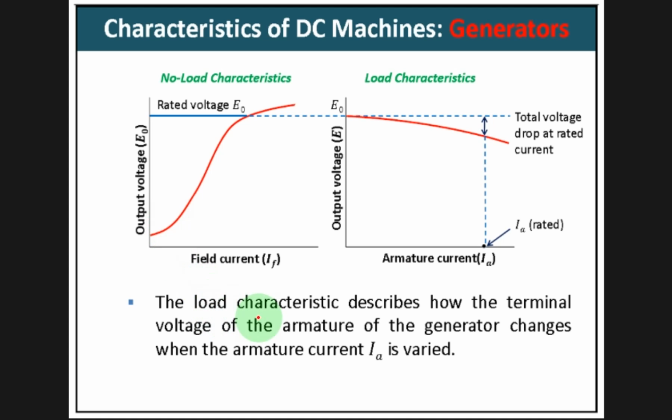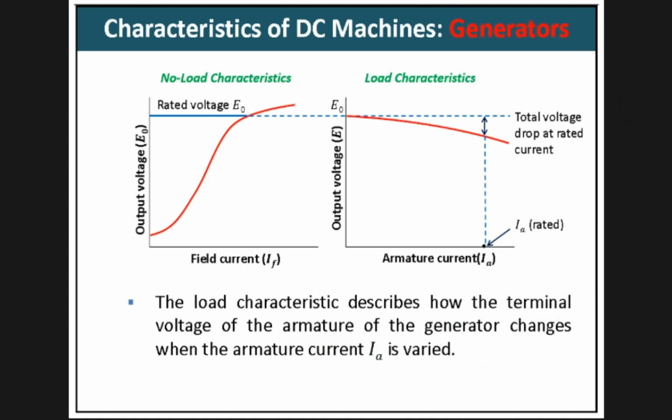So the load characteristics, this is the no load curve. It's same as what we have seen before, and this is called the rated voltage E0 at no load. But when a load is connected, you will see that when the armature current goes up, the generated voltage decreases, right? So the load characteristic describes how the terminal voltage of armature of the generator changes when the armature current IA is varied.